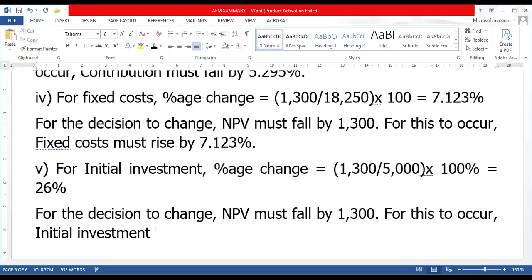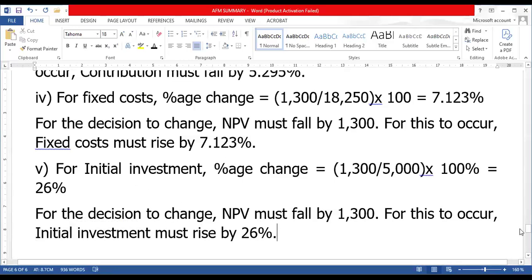Increase or reduce? This is the cost. So this one must increase, isn't it? Must rise by 26%. You're done with these 10 marks.